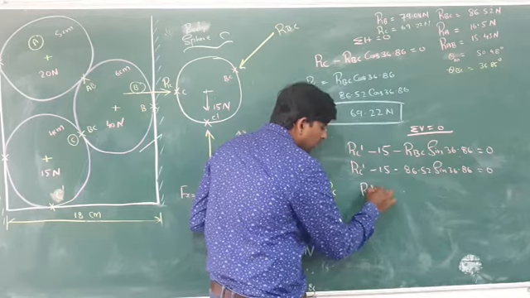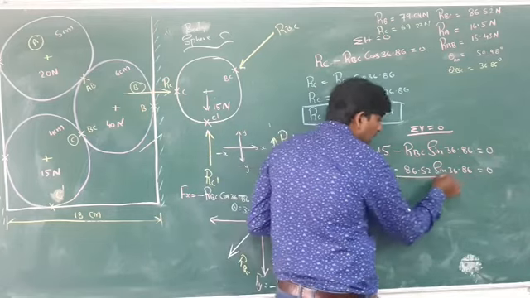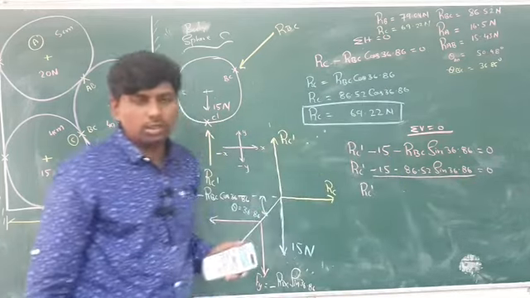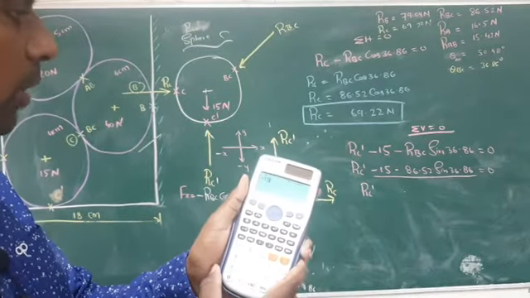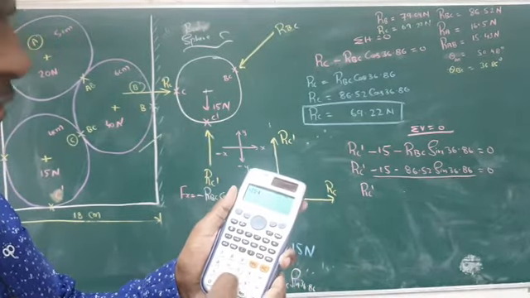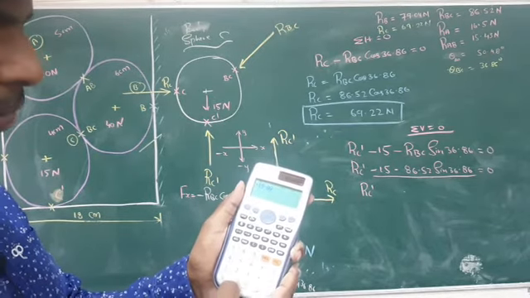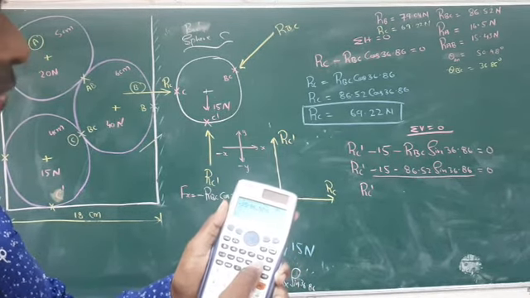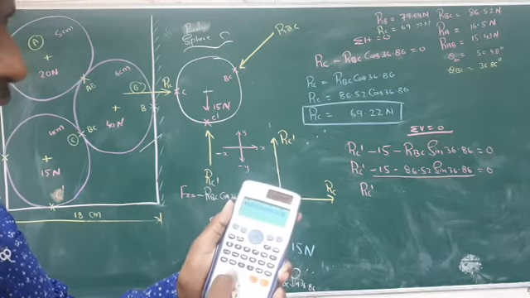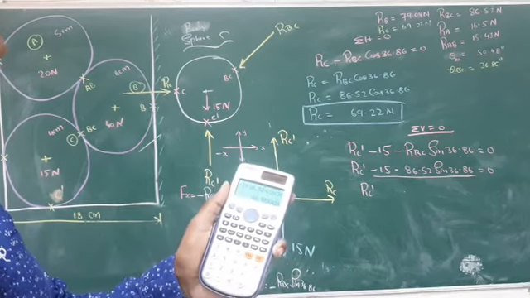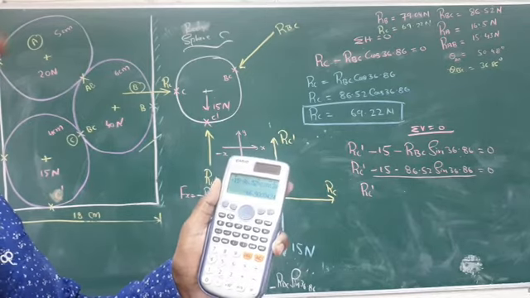So RC dash, with the help of a calculator, try to solve this one. First value is minus 15, then minus 86.52 into sin 36.86. Here you will get minus 66.90.